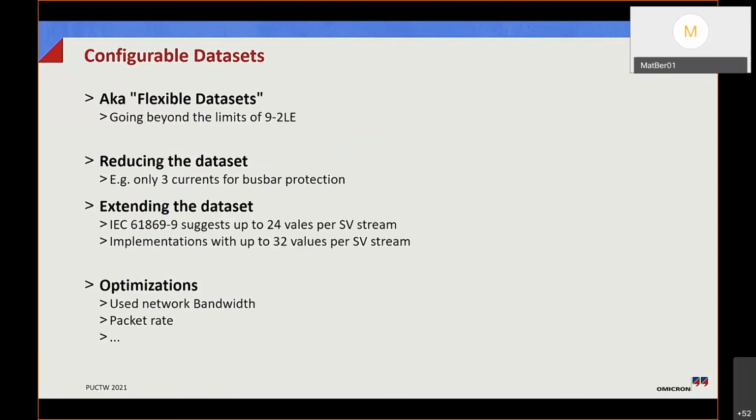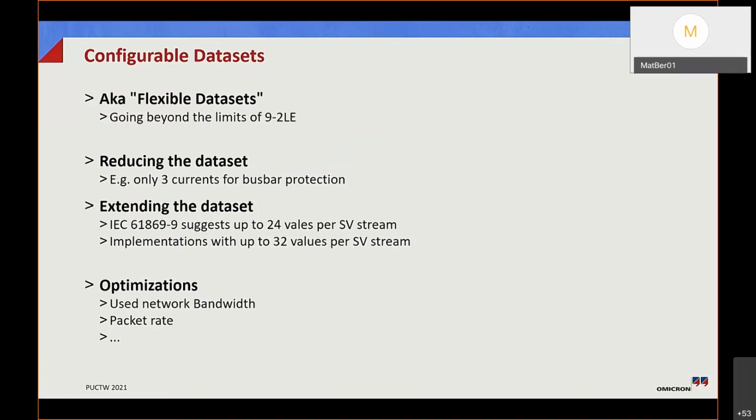Now the configurable datasets allow to adapt the dataset to the use case. You could strip it down to contain only 3 currents, which would be good enough for a bay merging unit for a busbar protection. Or you could extend the dataset. 61869-9 suggests to go to 24 values, but we have now seen implementations going up to 32 values per sampled value stream.